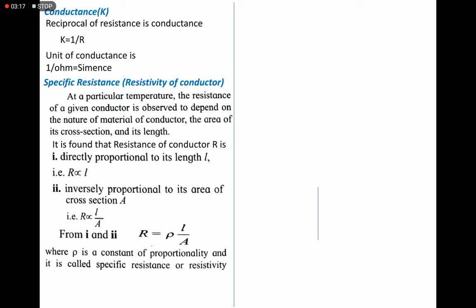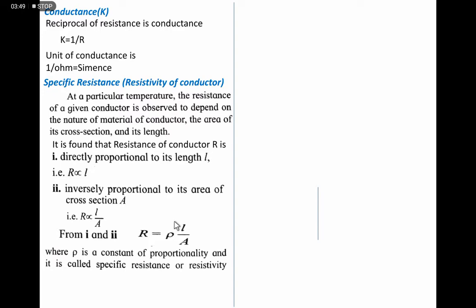So it is experimentally verified that resistance is directly proportional to the length of the conductor and inversely proportional to the area of cross section of the conductor. If we merge these two mathematical statements, we'll write R is directly proportional to L by E, and the proportionality sign is removed and rho is there.